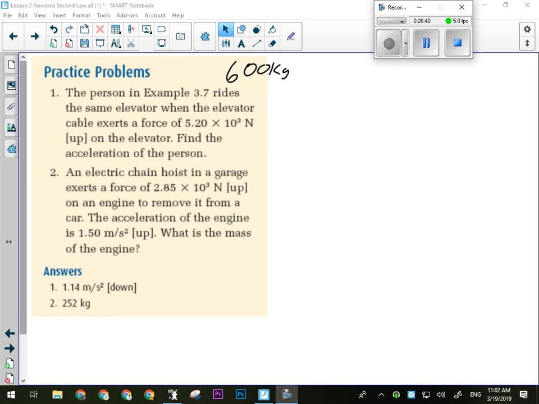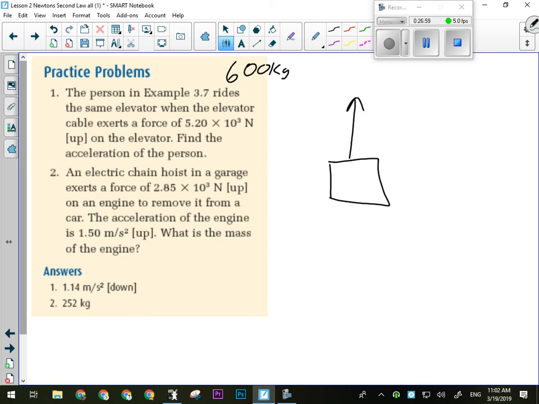Question number two gives you very different information than any problem we've done thus far. It tells us that this electric chain hoist in a garage can exert this much force upwards. So we know how much force is going up, 2.85 times 10 to the 3 newtons, so 2,850.